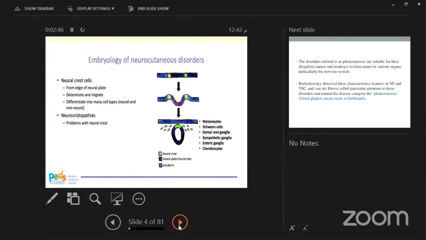Really, we observe patients who come first to the dermatologist complaining of skin lesions, which may be hypopigmentation, hyperpigmentation, or tumors arising from the skin. But it is important to follow up and manage these patients with a multidisciplinary team: neurologist, in addition to dermatologist, ophthalmologist, and radiologist.